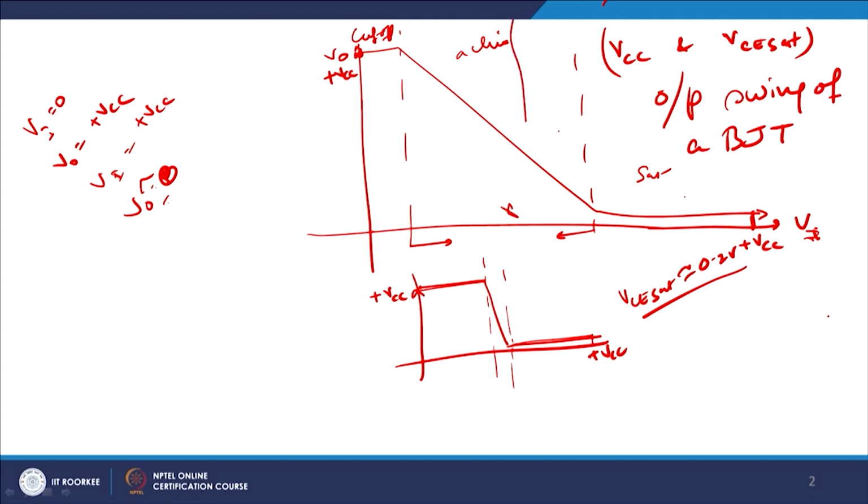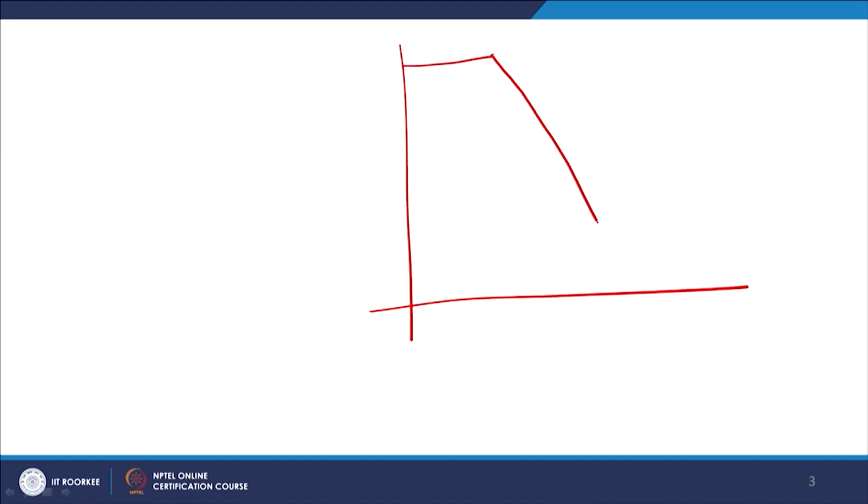We will define some important terms here, which will make it much easier for you to understand. Let us suppose I have got a curve like this, and then we go like this. We draw this curve, remember VBE on, and we get this into consideration. We define this to be VOH.